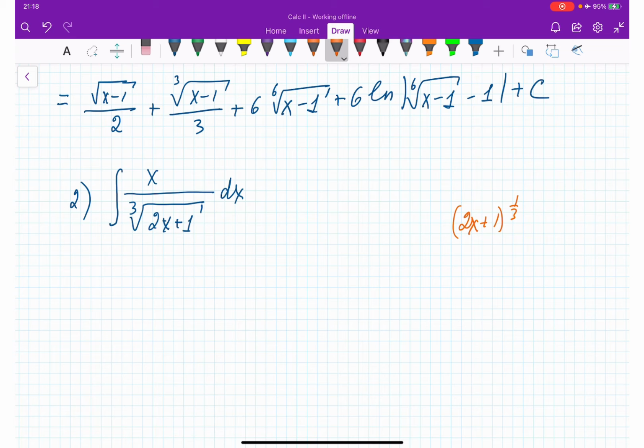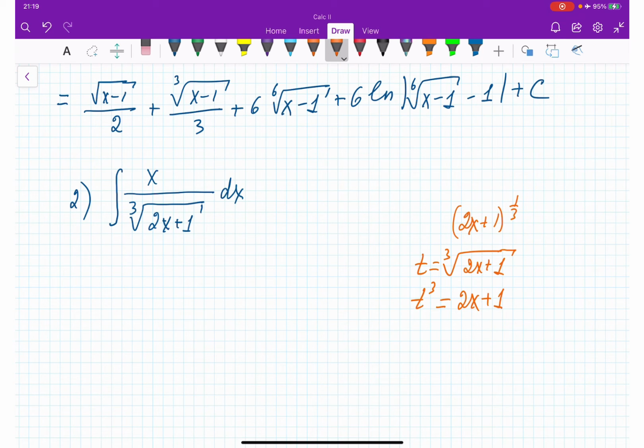There is no other radical to bring to common denominator type. Therefore, I'm going to take t equal to cubic radical of 2x plus 1. Hence, t cubed is going to be equal to 2x plus 1.